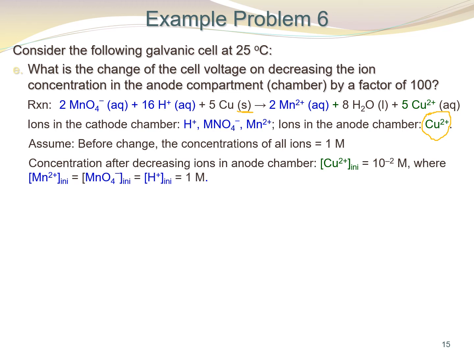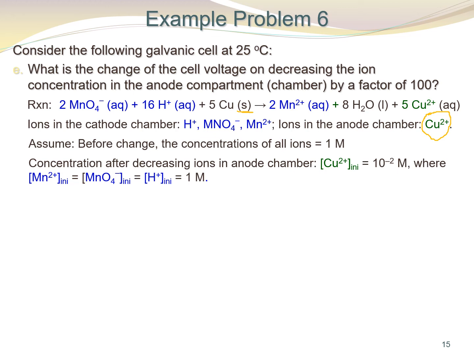Remember, in the anode chamber, it is only copper 2+, decreased by a factor of 100. Now, the concentration has been decreased from 1 molar to 0.01 molar, which is 10 to the -2 molar, while the concentration of the rest, which is in the cathode chamber, remains the same, 1 molar.